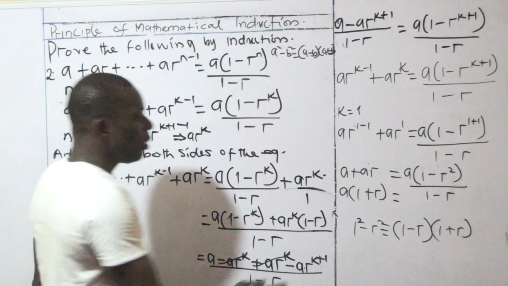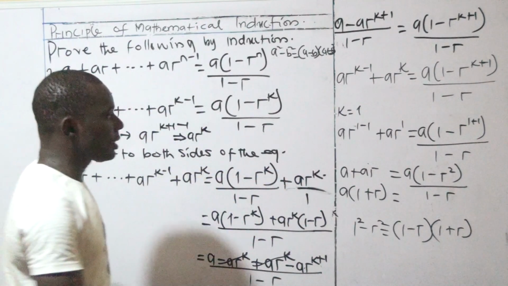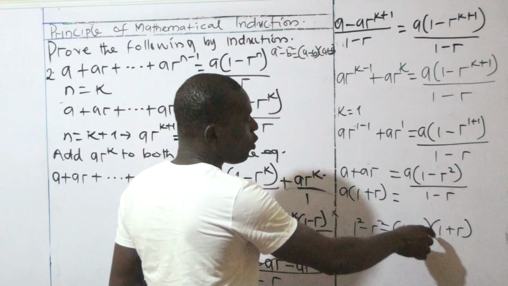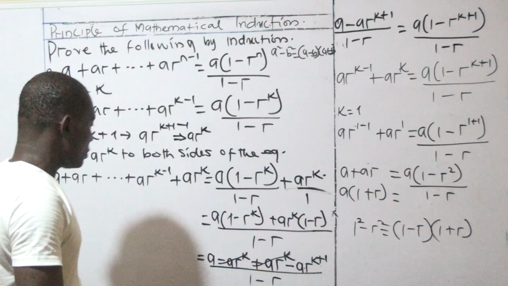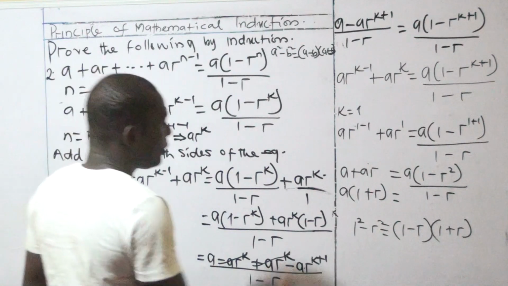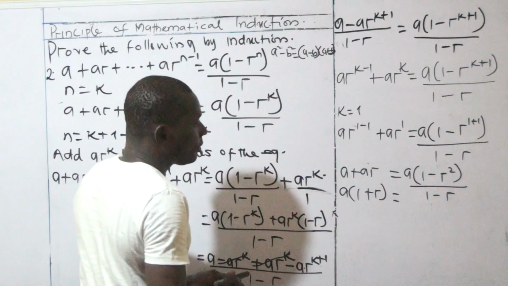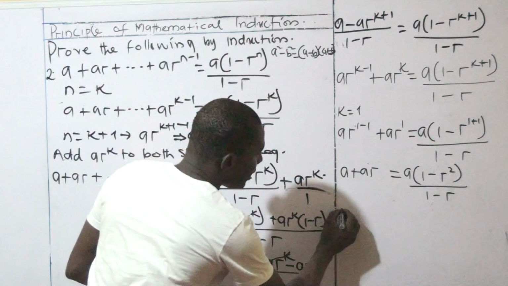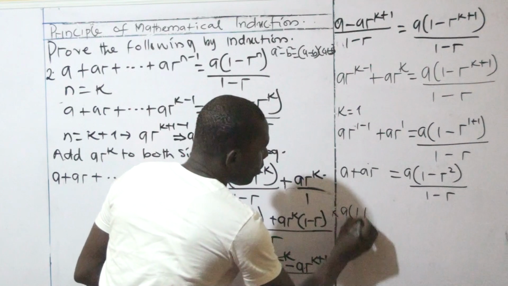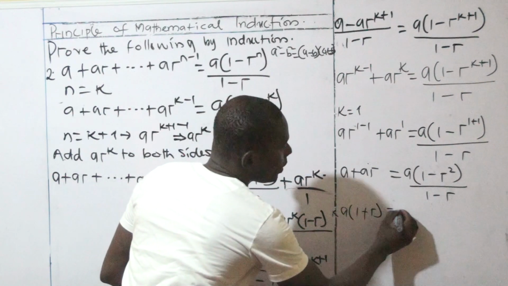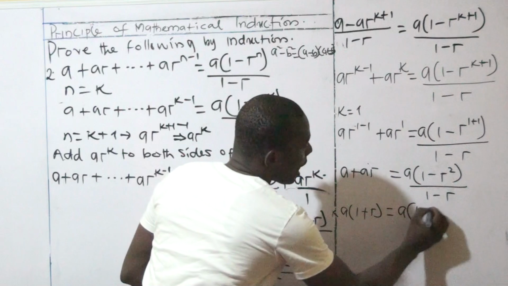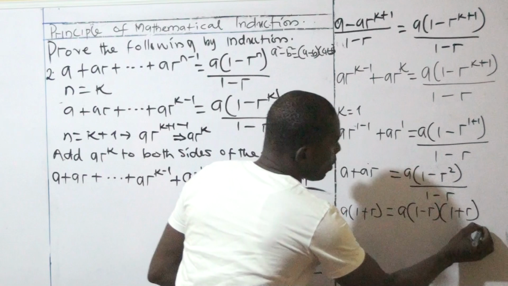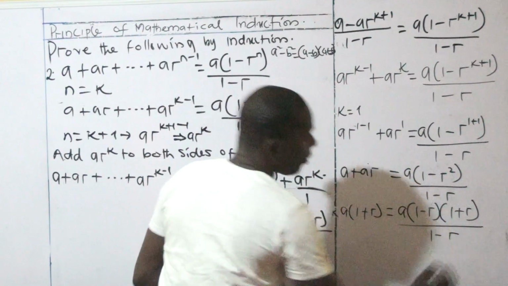So by then we will replace 1 minus r square with 1 minus r open bracket 1 plus r. Okay. So here on this side we can now boldly write that this is a open bracket 1 plus r is equal to a open bracket 1 minus r open bracket 1 plus r all over 1 minus r.